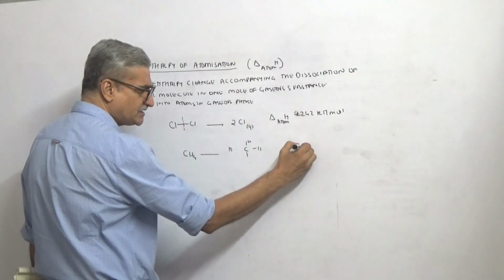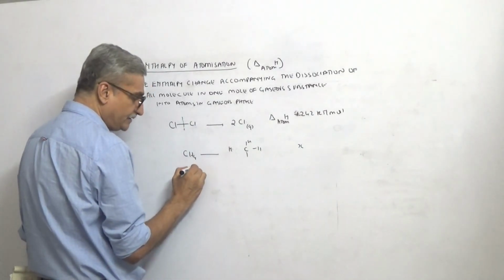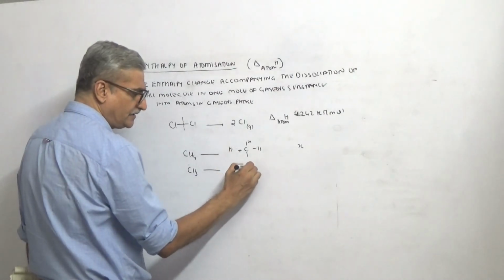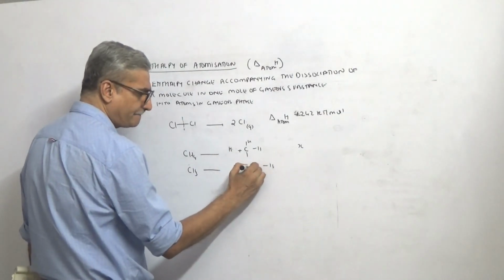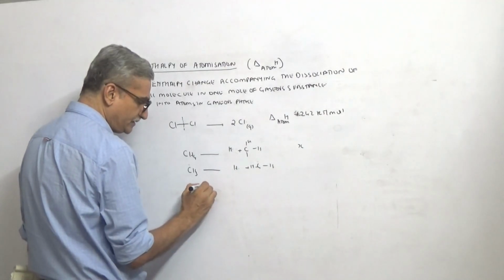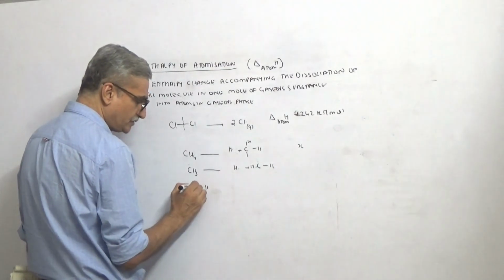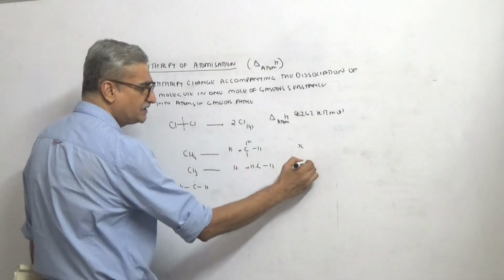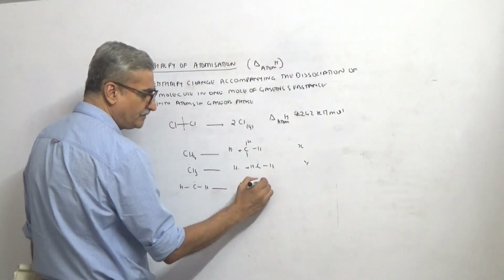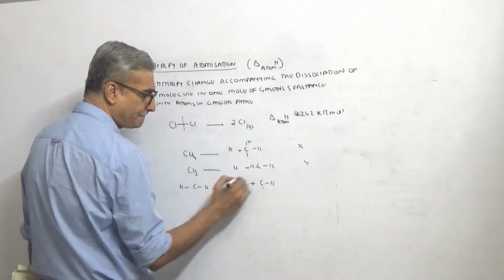Let's say this is X value. Then CH3 is going to break to form H plus CH2. Then CH2, let us say this is Y, is going to form H plus CH.